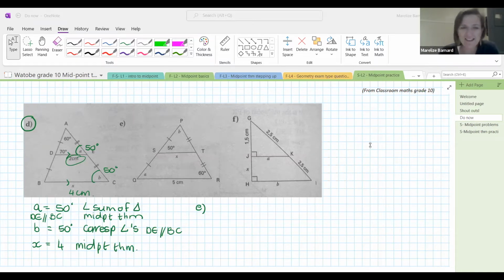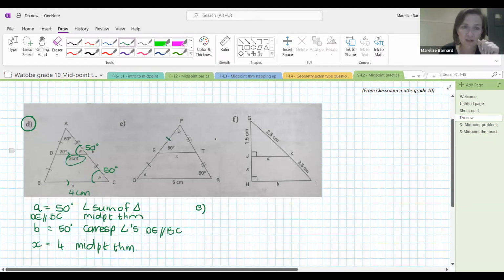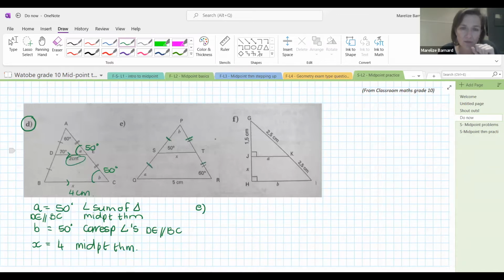Okay, let's see. Kamogelo's there as well, and Boitomelo, well done, guys. The first thing we need to do here is to know that we are working with the midpoint theorem, because we've got PS equal to SO and PT equal to TR. That makes S and T midpoints, which will make ST parallel to QR.